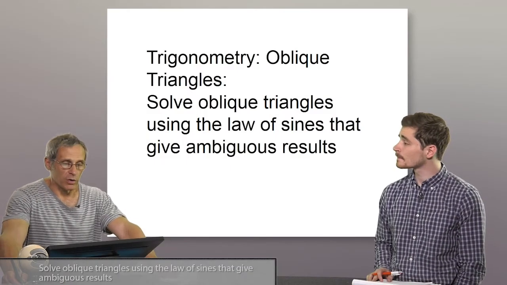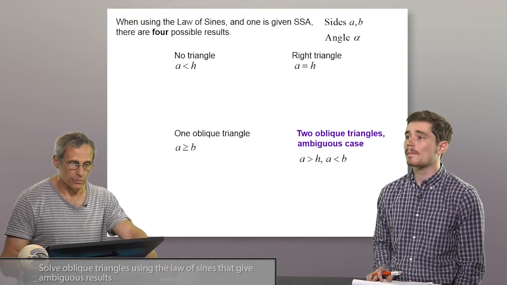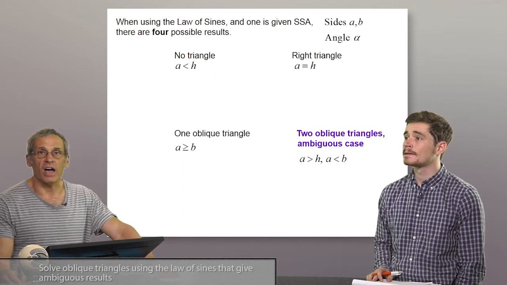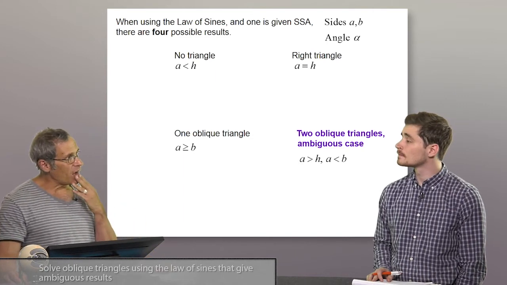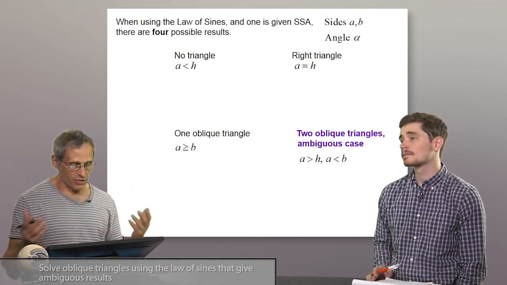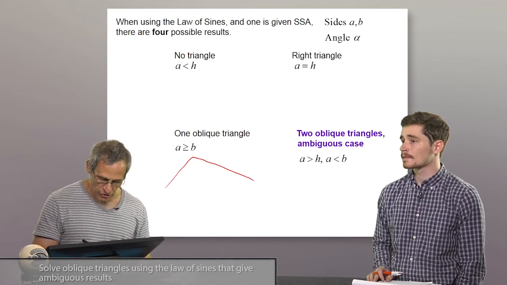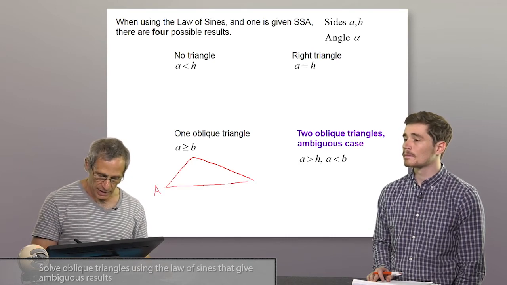Solve oblique triangles using the law of sines that gives ambiguous results. If you're using the law of sines and you're given a side-side-angle, and you realize to yourself, gosh, what's the best case scenario? I'll solve the triangle. And that happens when we have a situation where we have an angle, A, the side opposite it, A, is greater than the other side given.